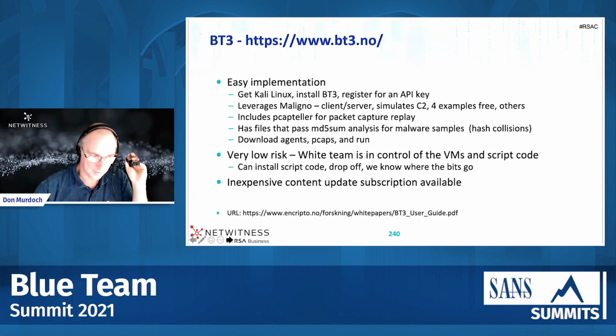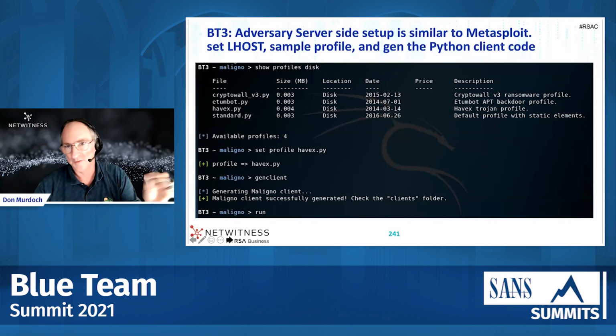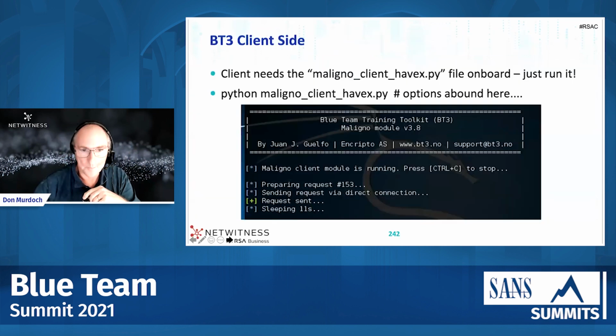And what I like about this thing being low risk is you can take the tool, see the Python code, see exactly what it's doing, see exactly what it's going to generate on the network, and you're in control of that before you even try one. Open source. This screenshot actually shows you, it looks kind of like Metasploit. So the metaphor to use it and interact with it is pretty well known. You set this, you run it, things like that.